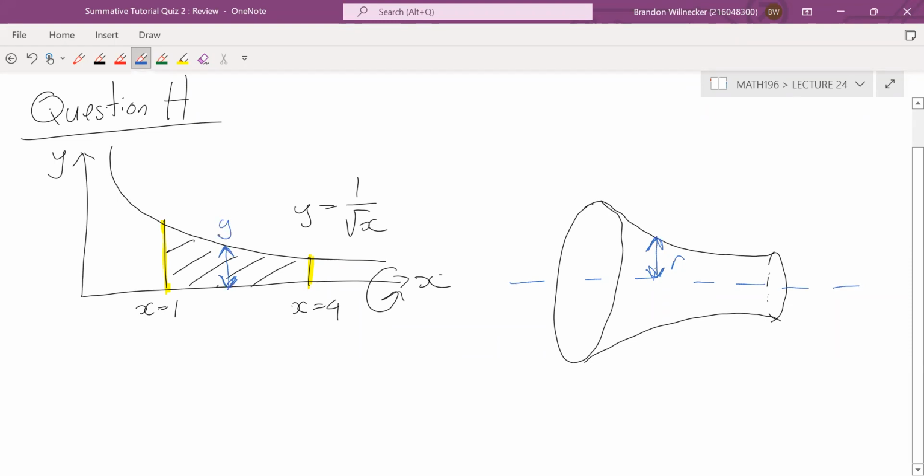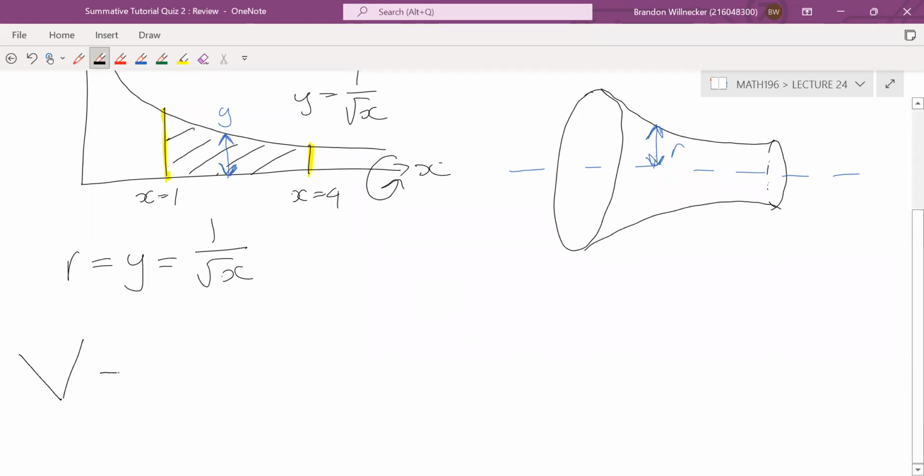That is the y distance. Whatever the y value is, that's the distance there. So the radius is the vertical distance, and that is given by 1 over root x. That's all we need because we're just using the disk method, so we just need one radius.